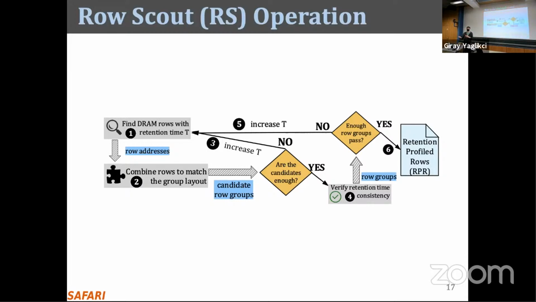We don't want to work with rows that can retain data for minutes. Then it will make the experiment very slow. It is possible to use such rows, but it is not efficient time-wise. This is why we start with a very small t and first try to filter out rows that have very low retention times and try to use those if possible.